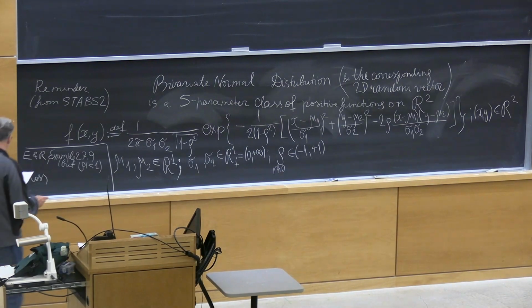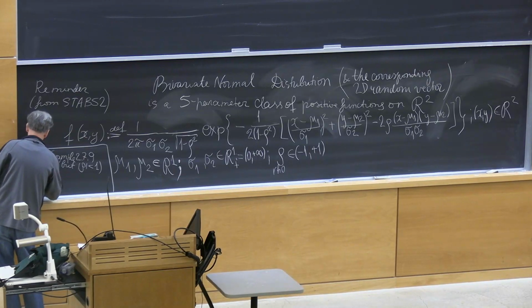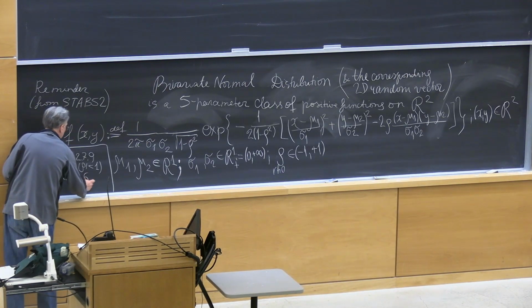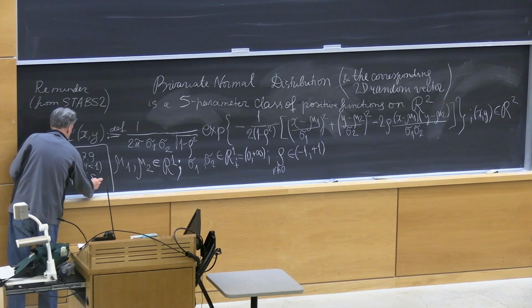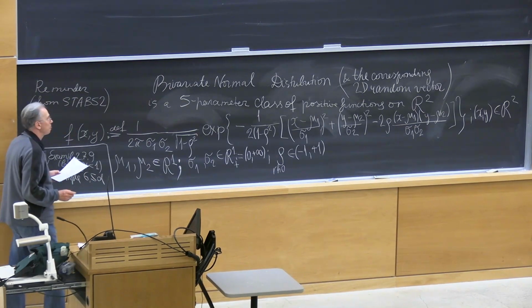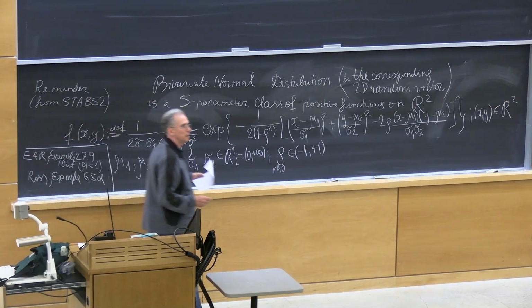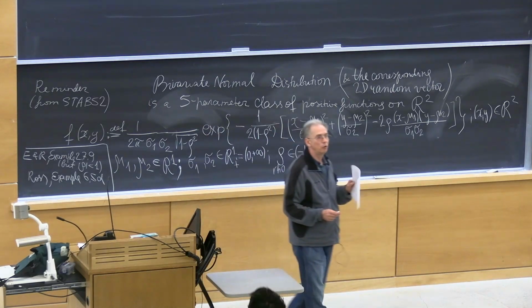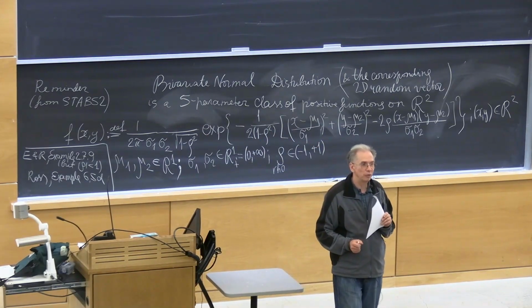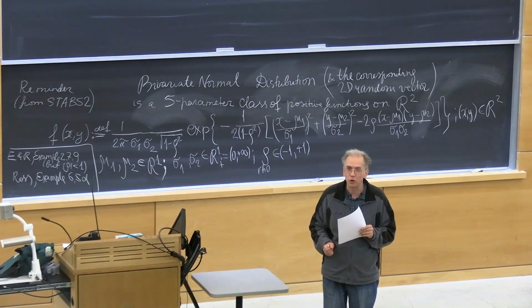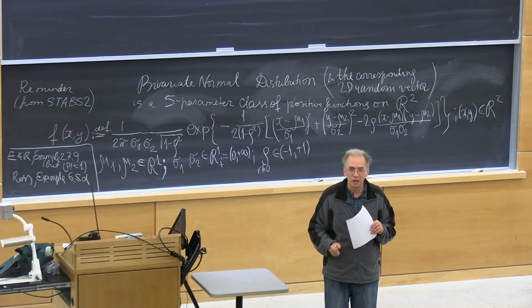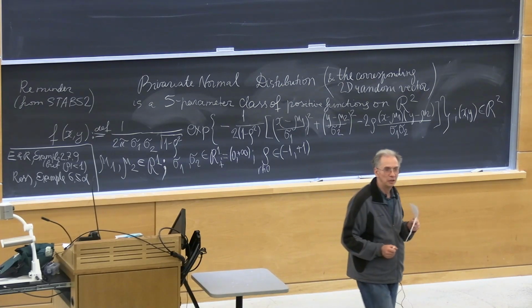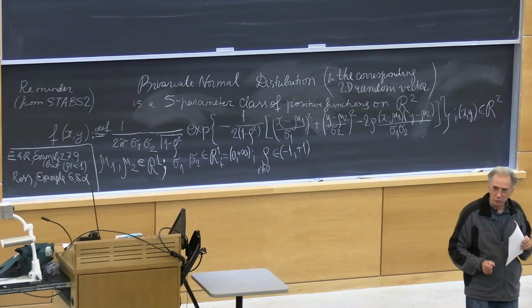Okay, so it's example 6.5d. Okay, and this is also discussed in the book by Gnedenko, and I'm going to comment on it in due course, because Gnedenko gives detailed intuitive proofs.